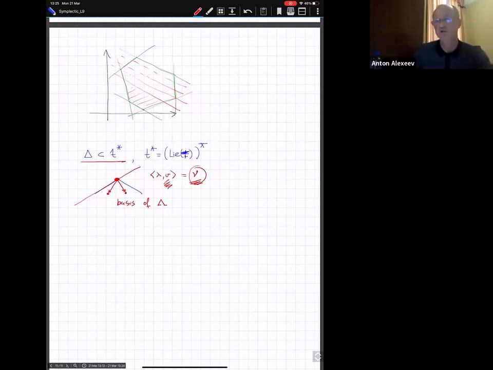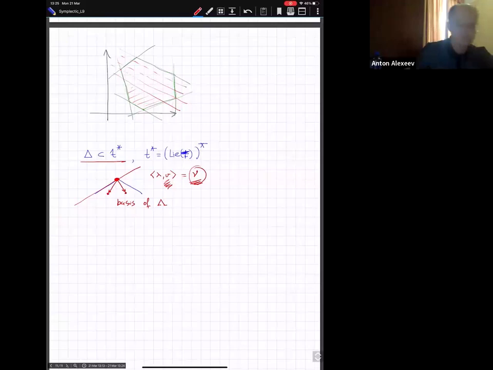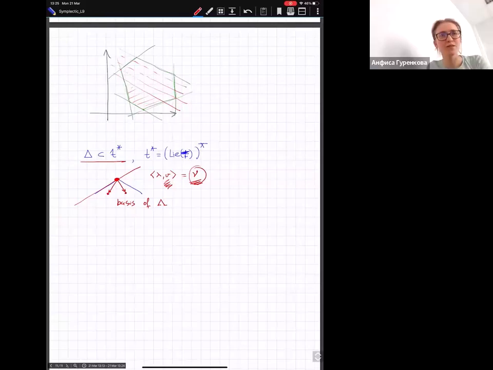So it's not just an abstract polytope; it's a polytope sitting inside T star. Yes, and my question was, what if we identify all combinatorially same polytopes, and don't look at how they are embedded in T star?